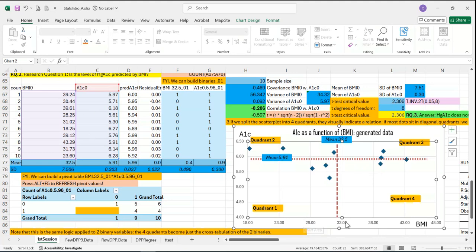And we're showing here BMI on the horizontal and A1C on the vertical axis. And this is generated data, but again, it's generated based on the raw data in another worksheet in here.